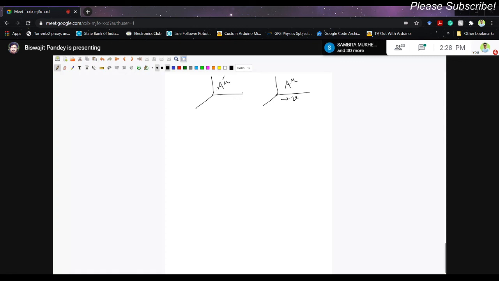The primed frame is the lab frame here, because we have written the a mu in that frame. So what is a mu? The general expression for a mu that we have obtained is q by 4 pi epsilon 0 r mu u mu. And why can we write this? As I told you, this will be equal to rc in the particle's frame. So there is absolutely no problem, right?